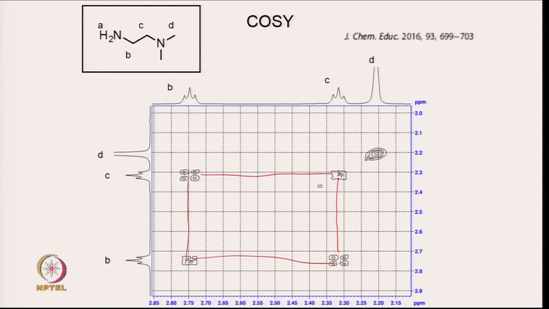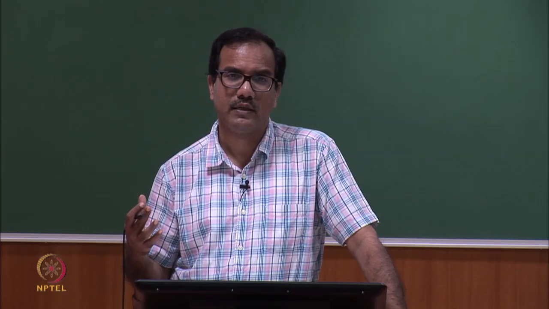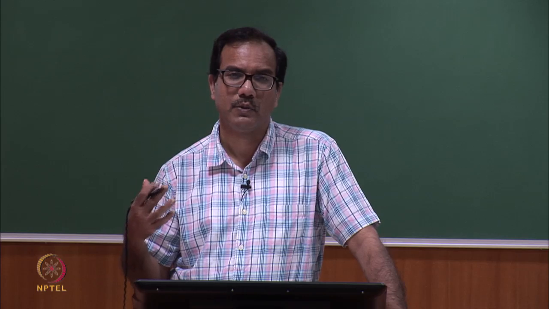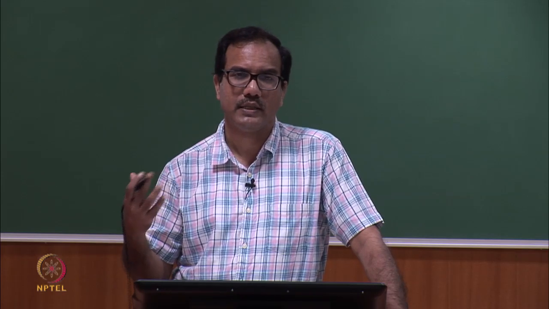This belongs to C, this belongs to B. So, B and C are correlated, and that is expected because this B and this C are nearby to each other, and so their protons are coupled, and so you can get the corresponding peaks in COSY. So, COSY gives you an idea about the protons which are near to each other.